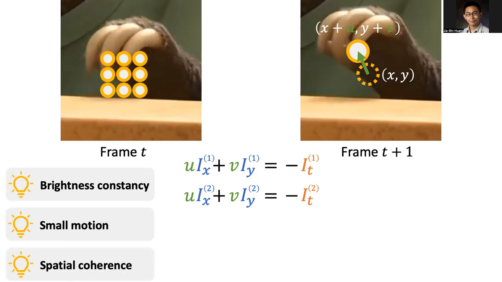It makes sense, right? If I have a point here, the nearby point should move similarly. It's not randomly moving. So I can borrow equations from nearby points, and now in this case I get n equations.